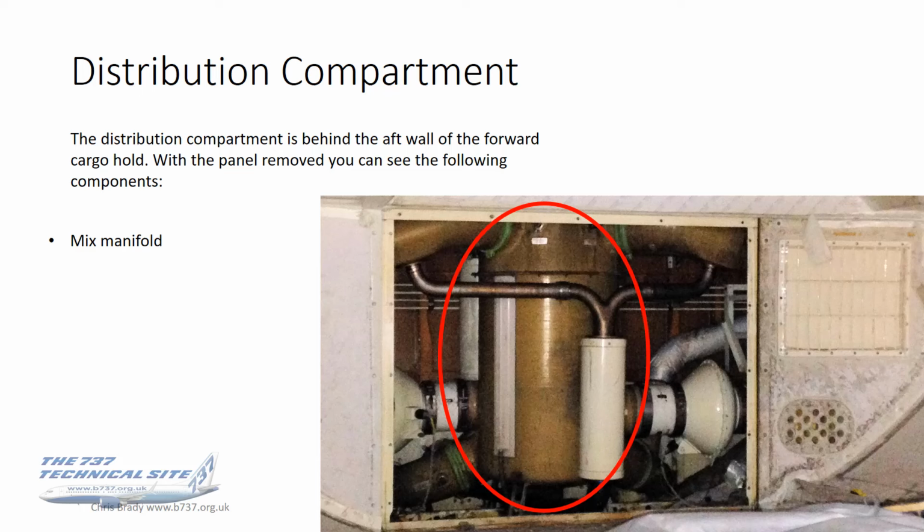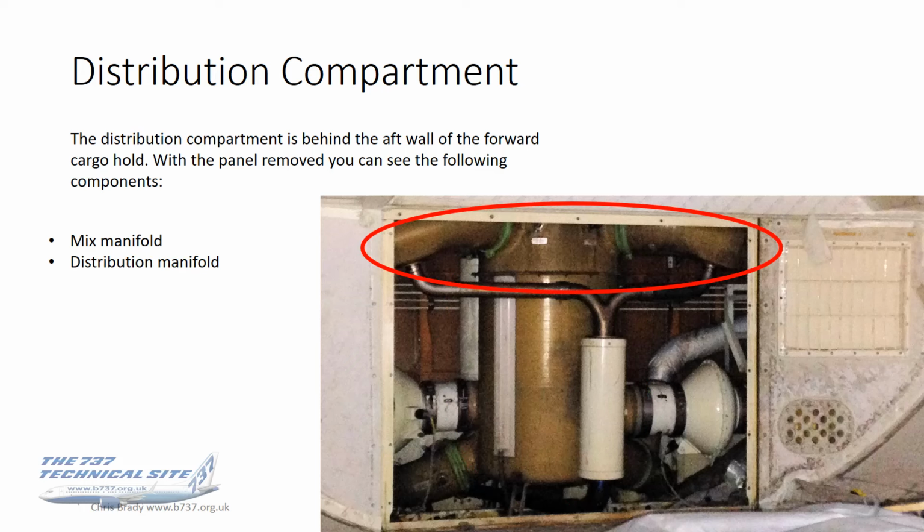So the area that you're looking at is in between the forward hold and the wheel well, and it's known as the distribution compartment. And as I say, that large brown coloured dustbin type thing, that is your mixed manifold. Above it is the distribution manifold, so that's where the air is taken away out to the sidewall risers for the cabin.